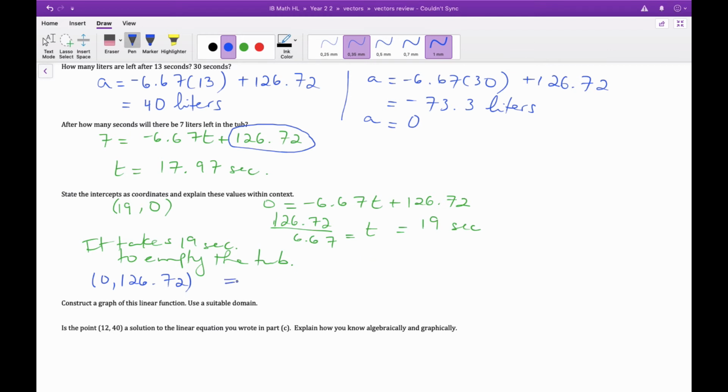That must mean when the bathtub was full, when it started. So the most water the bathtub had was 126.72 liters of water.